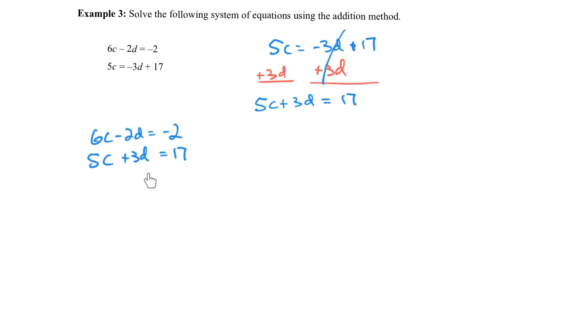So in this case, what we have to do is multiply both of these equations by a number to make either the C's or the D's cancel. In this case, most people would make the D's cancel because, as far as the difficulty goes, they're real similar, but because they're smaller, people tend to pick these. Plus they're already set up as opposite signs, right? That's a plus, that's a minus.